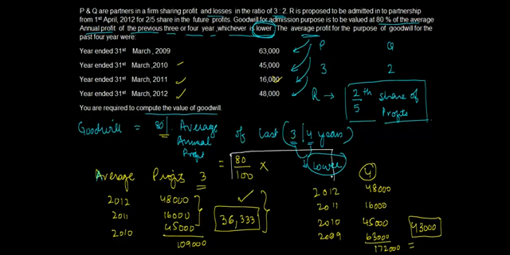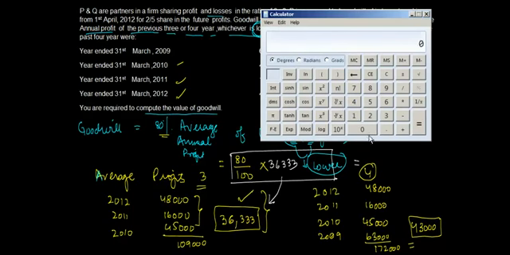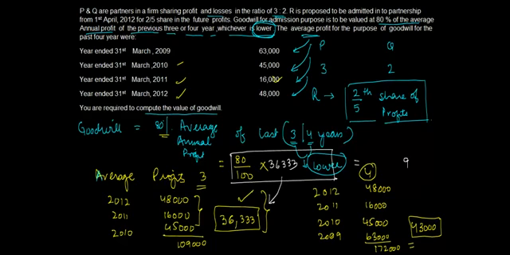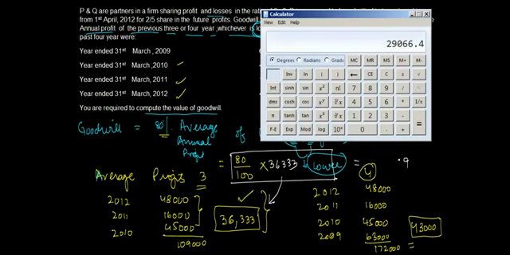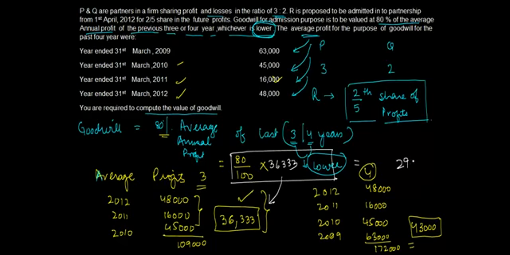So 80% of 36,333, which is the lower of these two profits. So what do I get here? 36,333 into 0.8 gives 29,066. That's the value of goodwill in this case.